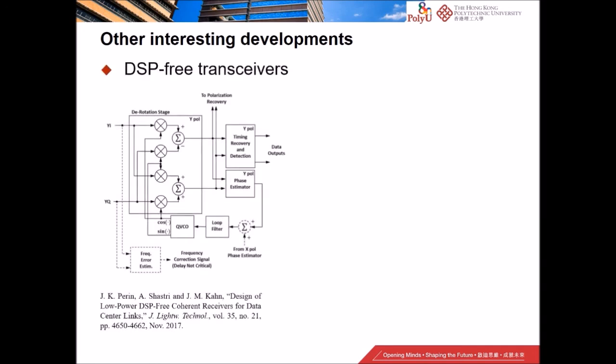For example, the group at Stanford, Professor Khan, has proposed to use DSP-free transceivers. Basically they wanted to do a lot of these DSP functions like polarization recovery and carrier recovery using analog electronics or very basic logic blocks.